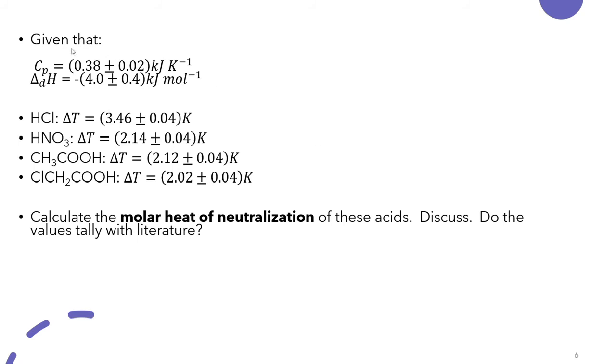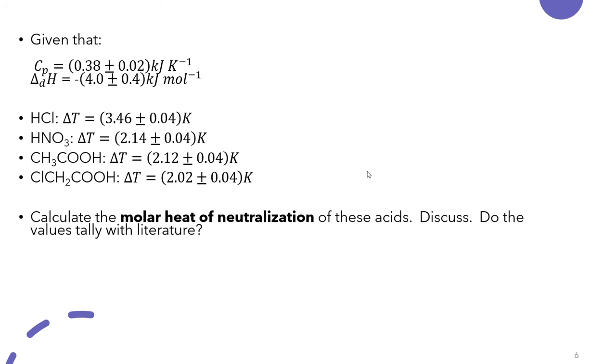So given that the heat capacity measured is 0.38 kilojoules per Kelvin, and given also the heat of dilution being -4 plus minus 0.4 kilojoules per mole, and given that the rise in temperature are such, all you have to do is to calculate the molar heat of neutralization of these acids.